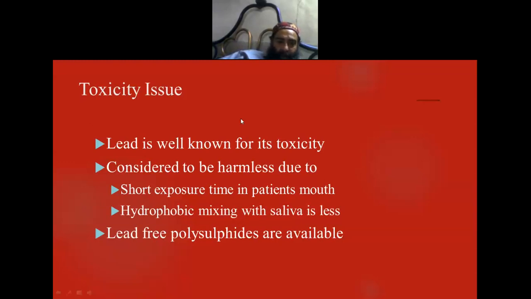All of you know about hydrophobic, that mixing with saliva is less. It pushes the saliva away from it. Lead-free polysulfides are also available nowadays, but not in Pakistan.